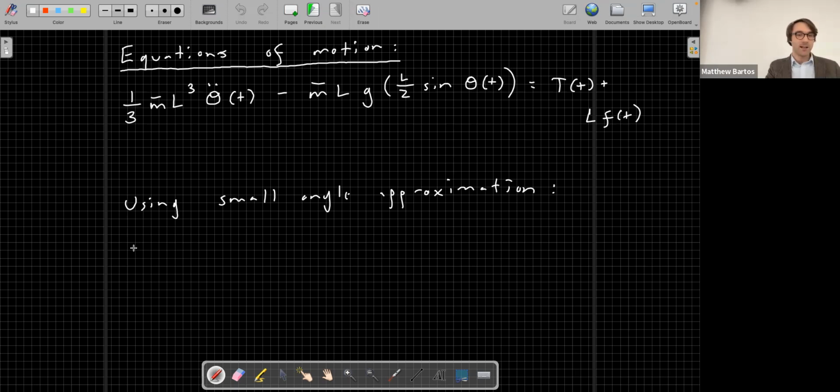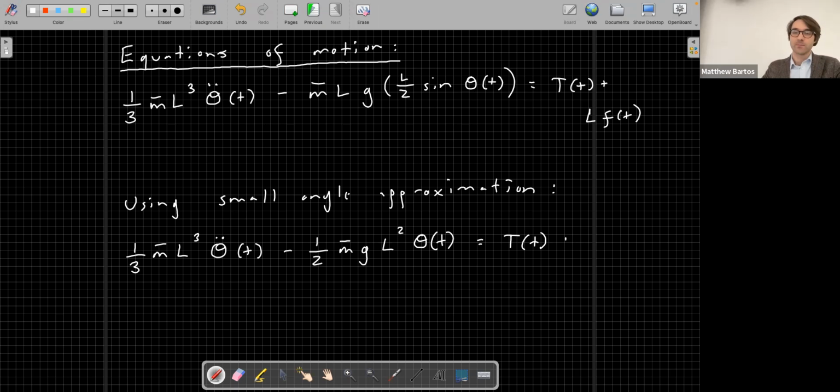Okay, so we have 1/3 m bar, where m bar is the mass per unit length, times the length cubed times the angular acceleration, minus 1/2 m bar, the mass per unit length, times acceleration due to gravity times the length squared times the angle from the center, is equal to our applied input torque plus the disturbance moment.